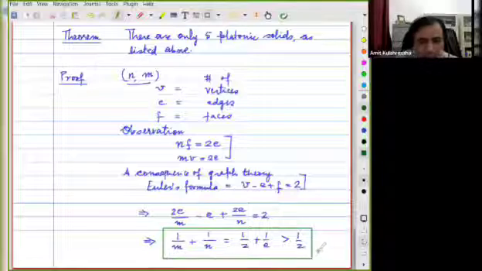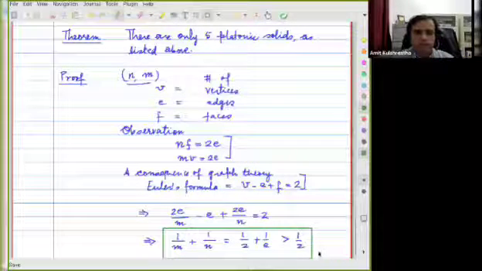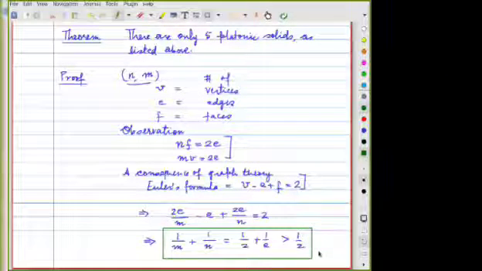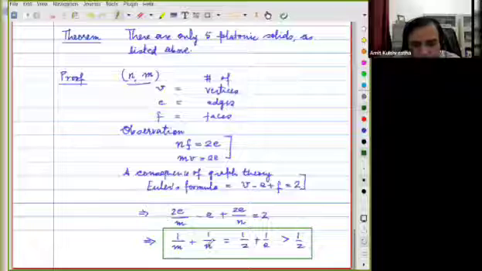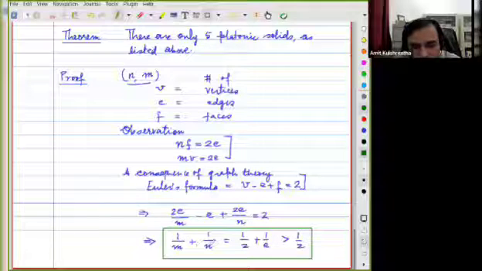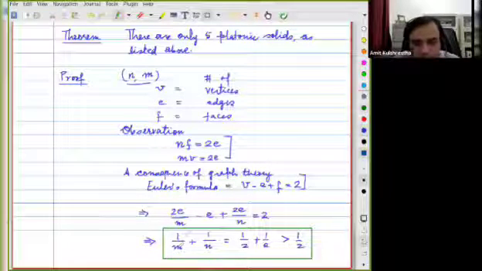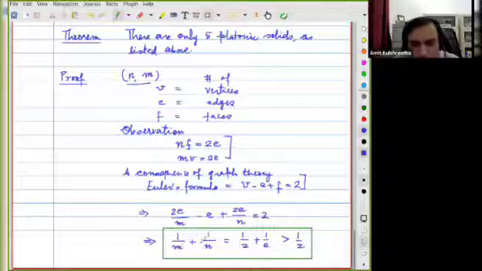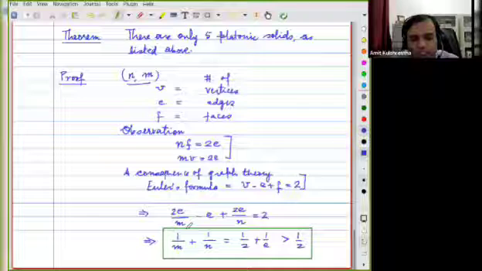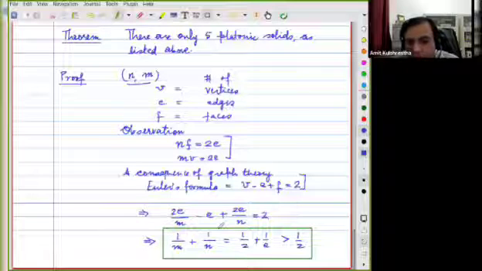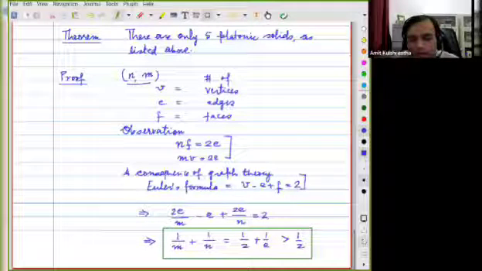Good. So what does it say? It says that if M and N are too large, then this reciprocal will be too small.